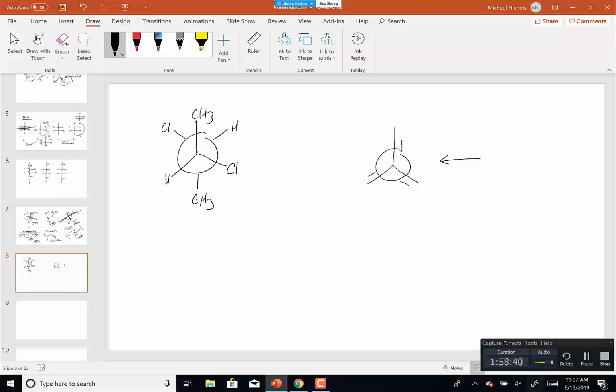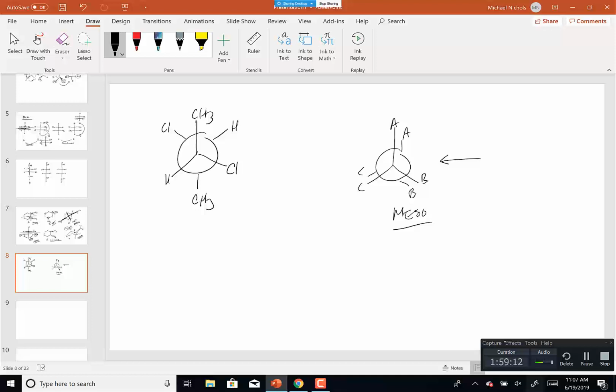So the mirror plane in the Newman projection is going to cut through the center of the bond, which we're looking at down the bond. If you can put the molecule into that kind of eclipsed Newman conformation, then it will be meso. If you can't line up the groups that way, it's not meso.